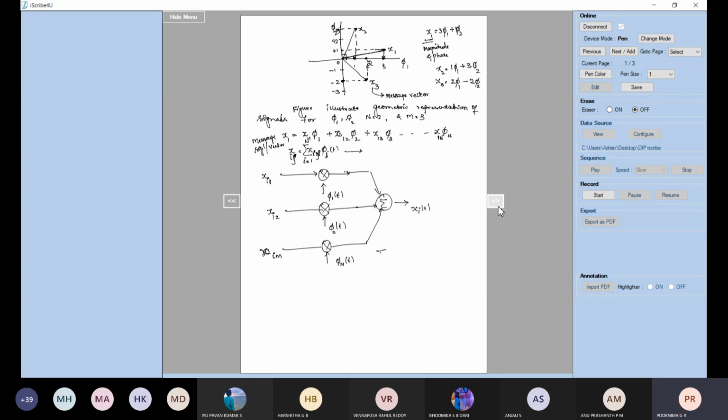So this is the transmitter block, or synthesizer block. I'll continue in the next class.